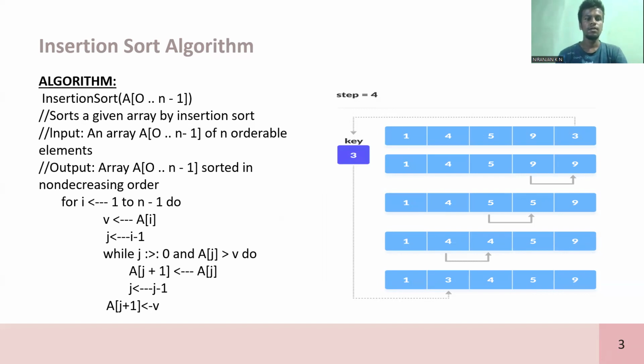So the algorithm is: for i from 1 to n-1, v = A[i] and j = i-1, while j >= 0 and A[j] > v, A[j+1] = A[j] and j = j-1, then A[j+1] = v.